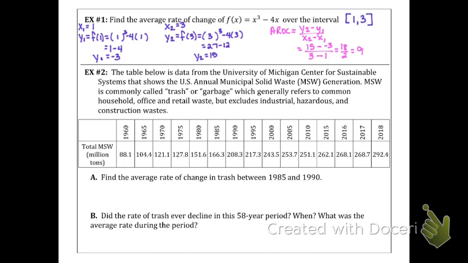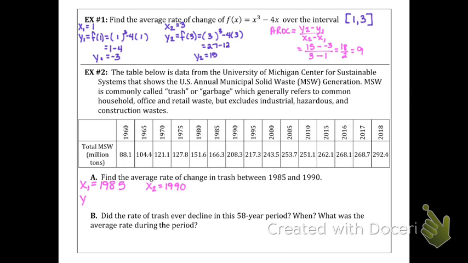All right, so we know then that x1 is going to be, let's say, 1985. And x2 is going to be 1990.